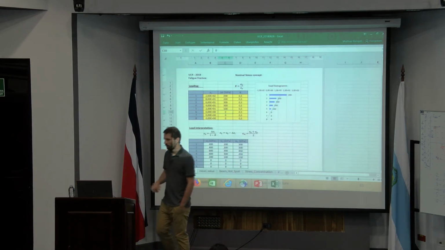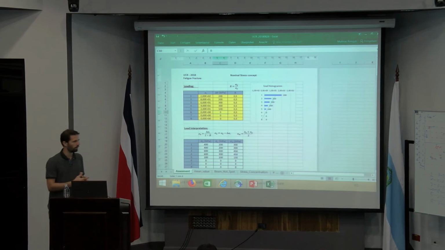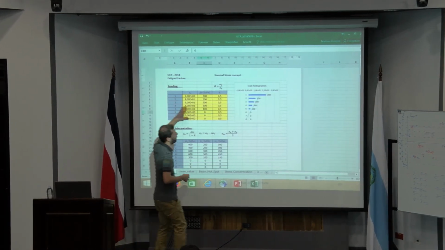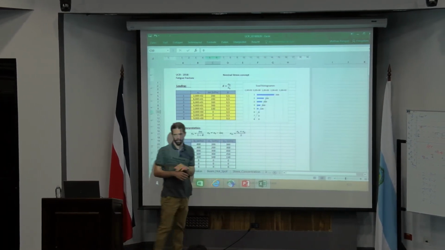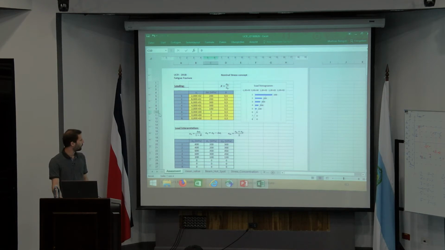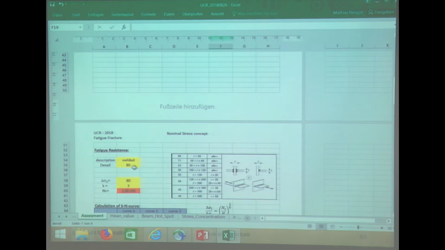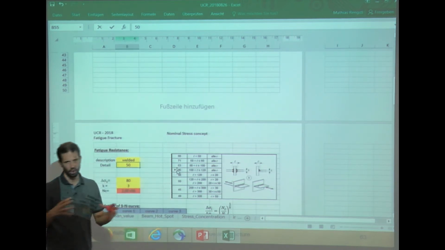So usually we would assume, if you go for real long-term calculations, we would have more cycles on the lower part and less at the higher part. And of course, we have to choose again, for example, our detail. Due to the low amount, we just go here for a detail which is, for example, a really thick part.